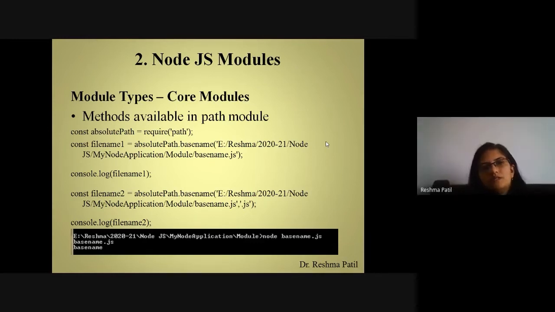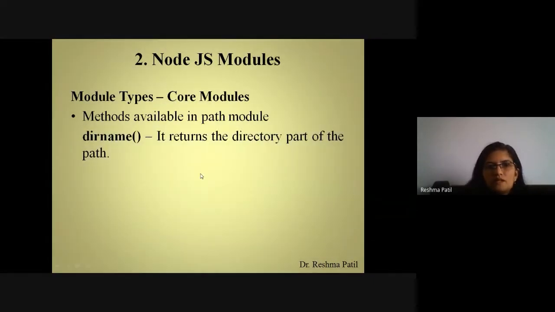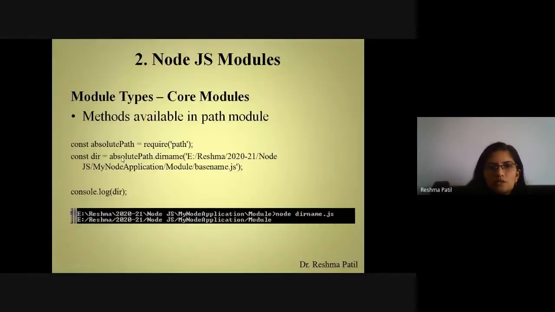Base name is the method which is used to return the last portion of your path. Second method is dir name, directory name. It returns the directory part of the path. Here you can see the first variable, absolute path is equal to require path. We have to include this portion if we want to use the directory name method.